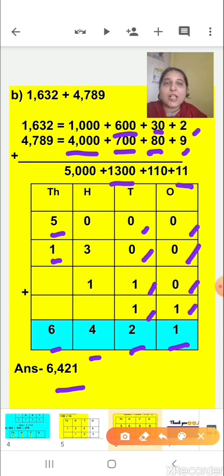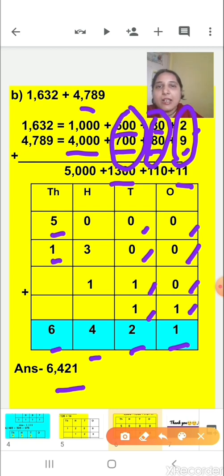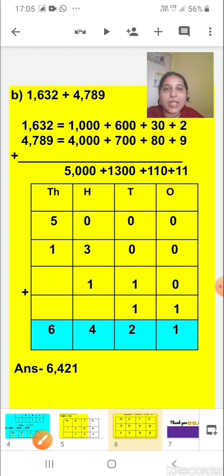What did we do? First we wrote their expanded form. Then we added each digit at their respective places. First we added ones, then the digit at the tens place, then hundreds, and then the thousands. Then after getting the total at the different places, we wrote them in a table form and then we added them.